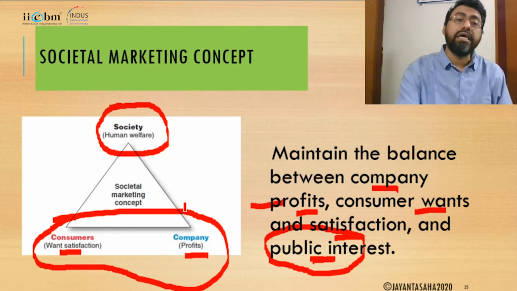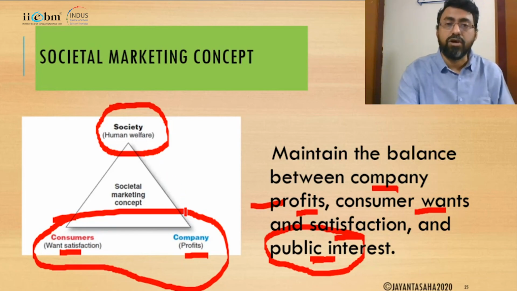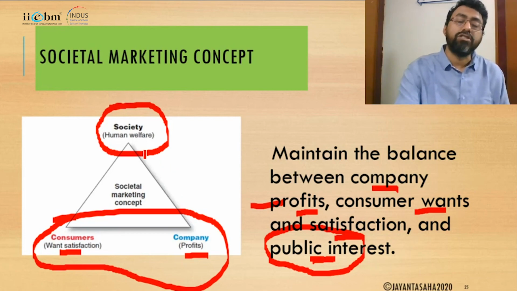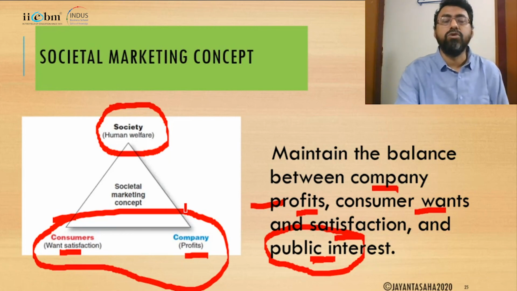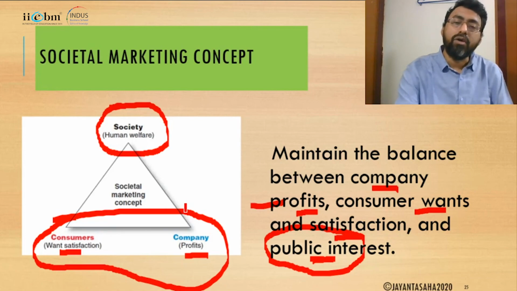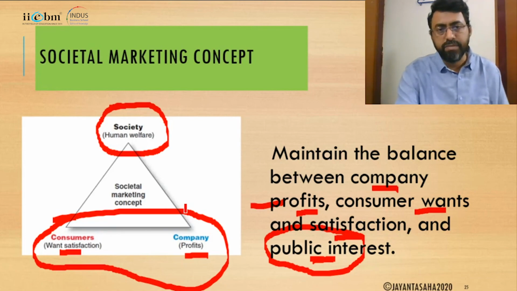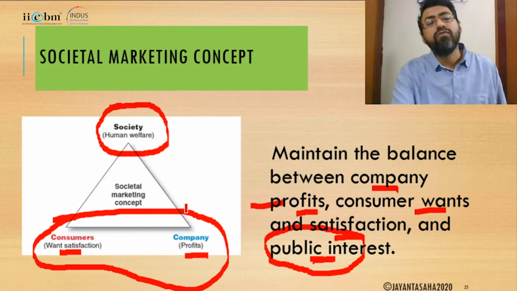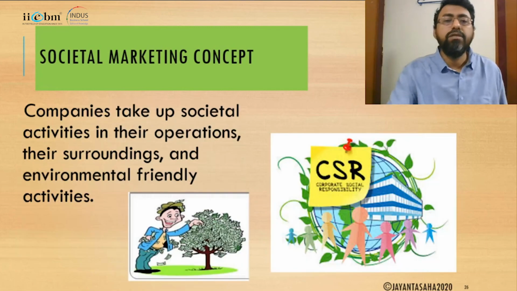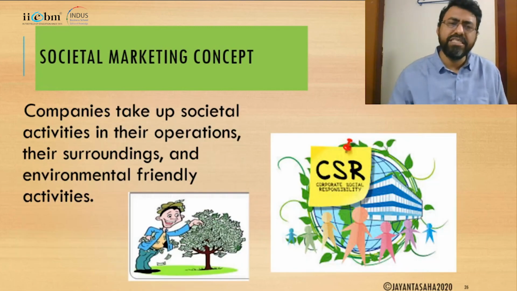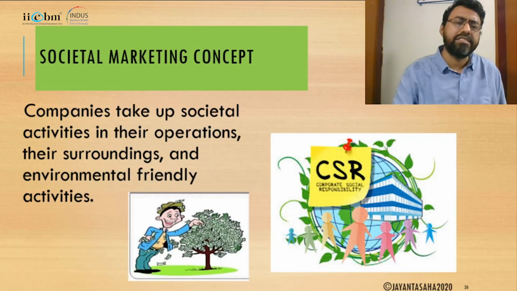But then again, the government might give you land for free, like SEZs. Infosys has got a 99-year lease at a very low cost. So is Infosys not responsible for maintaining the environment of that particular place good, or giving good conditions to its workers, or building roads in that particular area where its factory has been built, or maintaining certain things? So a lot of companies these days take up a lot of society-friendly activities, which is basically what the societal marketing concept is talking about.